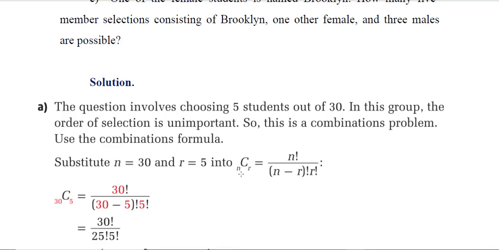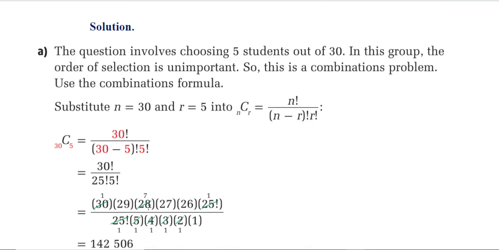So this is combination, and it equals n factorial over n minus r, r factorial, and this equals 30 factorial over 25 factorial and 5 factorial.